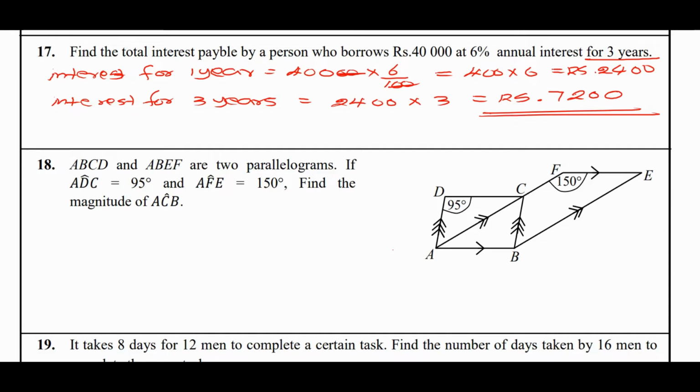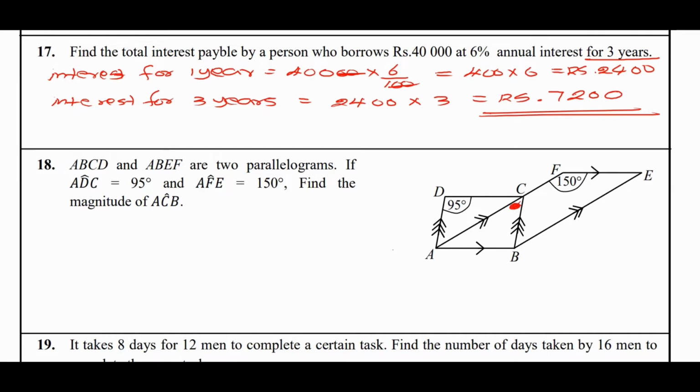Question number 18. ABCD and ABEF are two parallelograms. If angle ADC is 95 and AFE equals 150, find the magnitude of ACB. First of all, we try to find the angle ACB. ACB means this angle.